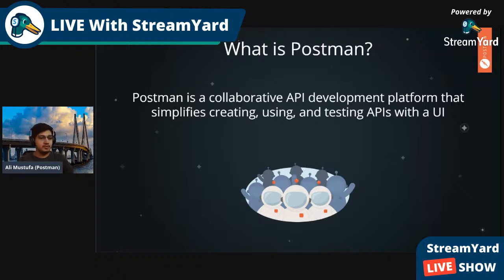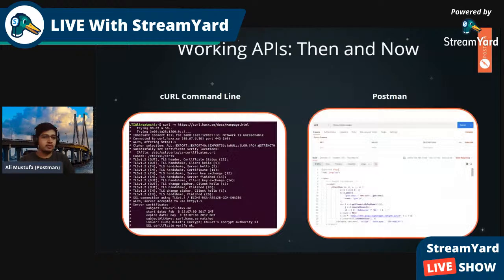Now, why use Postman? That is also a very good question. Earlier, when I didn't know about Postman, I would work with curl commands. That is very boring, unless you are a very technical person who is very well versed with curl commands. It is fun then, but if you're not, like me, that is a problem.